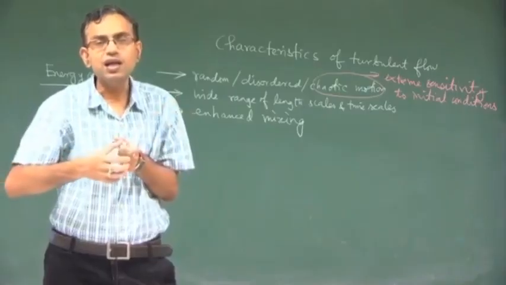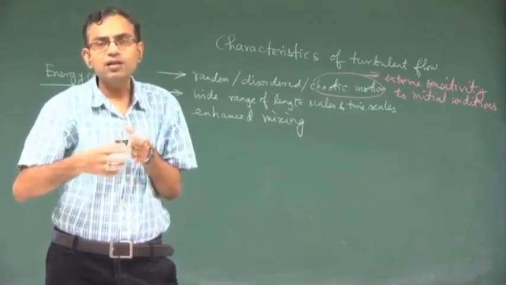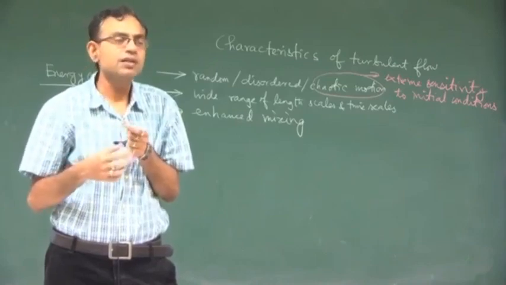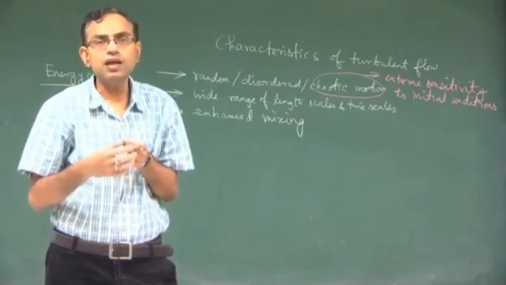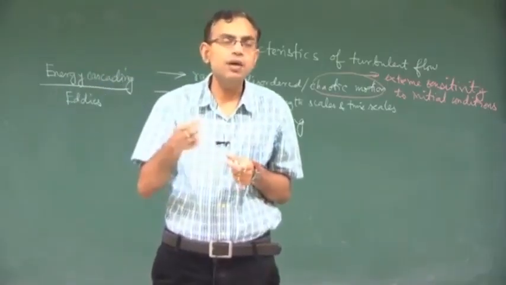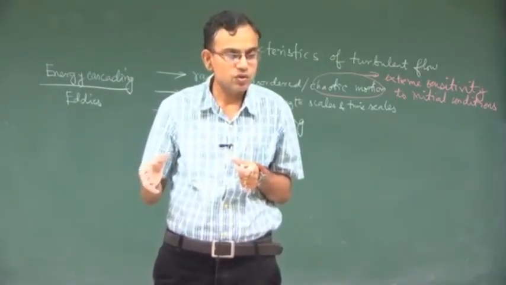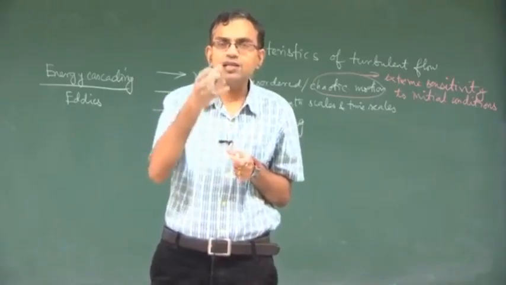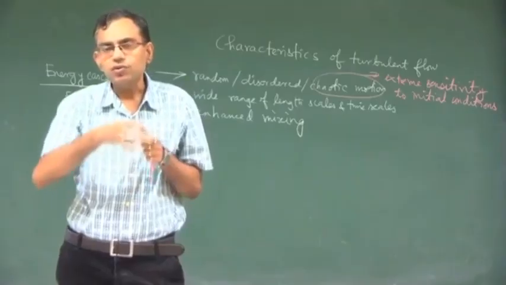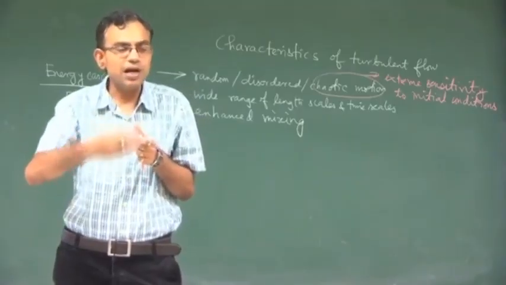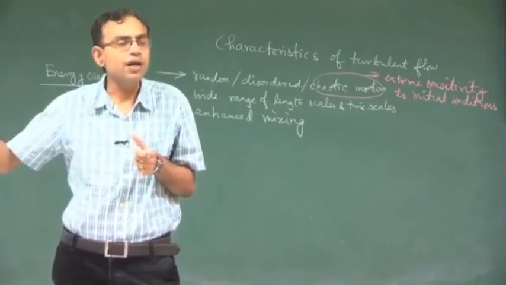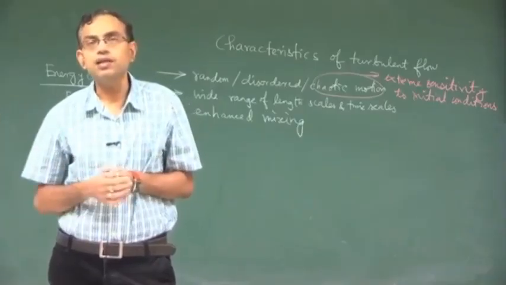The smallest eddy, having a very small length scale, will have viscous effect much more than inertial effect, and therefore it will dissipate the entire energy by viscous dissipation. So, the large eddy will extract kinetic energy from the mean flow, this energy will be cascaded from the large eddy to smaller and smaller eddies, and eventually it will be dissipated by viscous action by the smallest eddy.